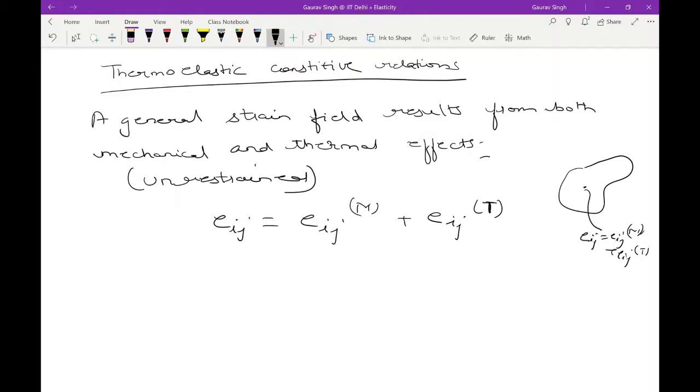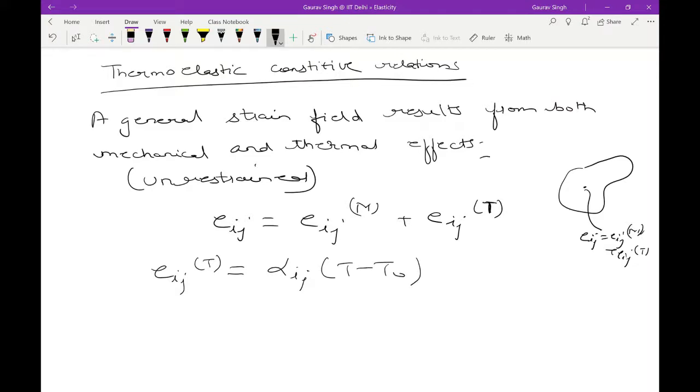Now, so we want the reference temperature to be called T naught and the final temperature be T. Okay, so basically the thermal effects are adding such that the initial temperature was T naught and the final temperature is T. In this situation, the thermal strain from our earlier knowledge can be written as alpha ij (T minus T naught).